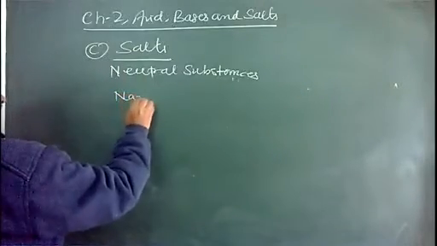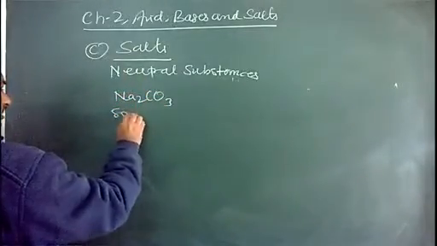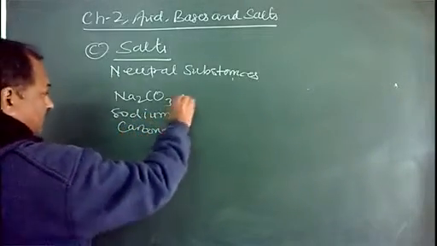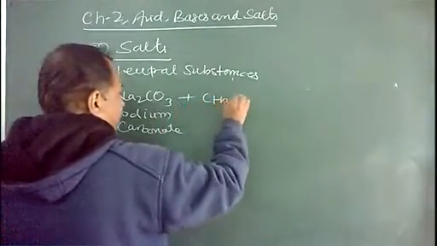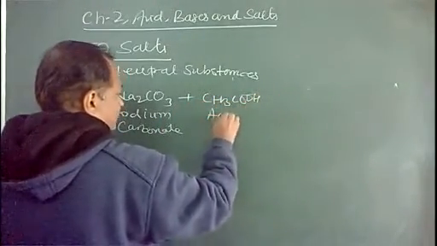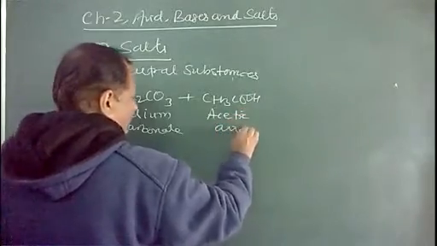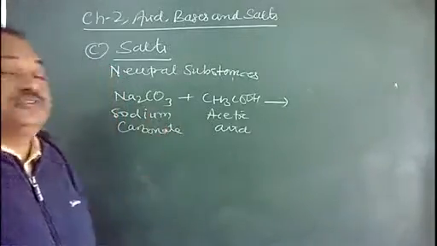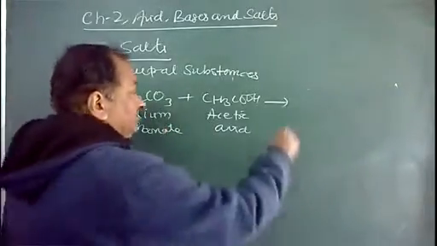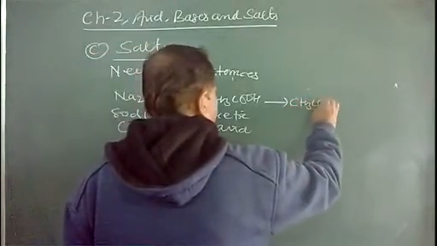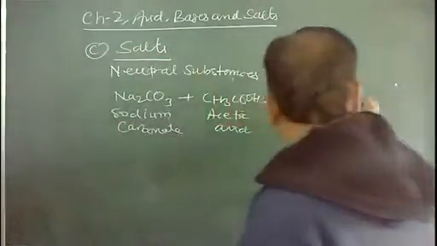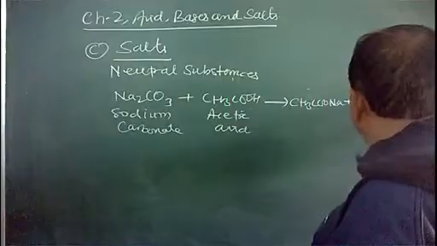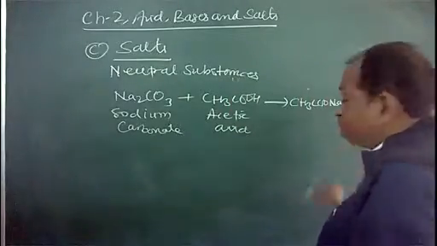Now children, another point I am going to write here: if you take any other salt like Na2CO3, sodium carbonate, and here you take a weak acid, acetic acid, then acetic acid will decompose the sodium carbonate, and there is formation of sodium acetate, and CO2 is released along with water.